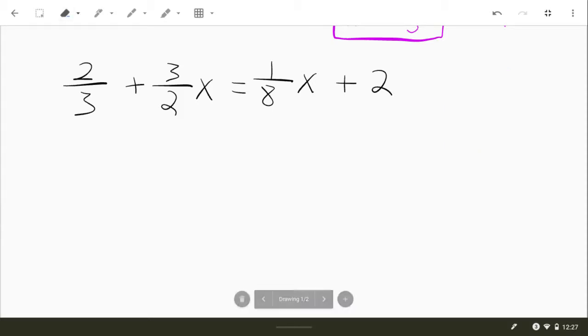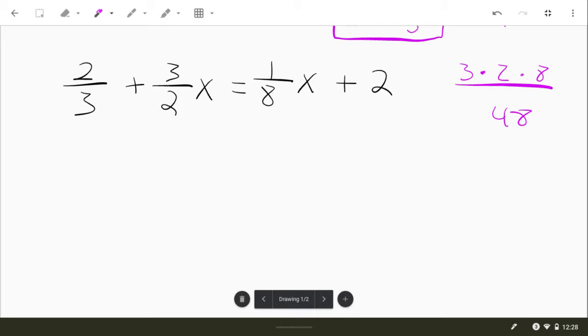What I do is I can just multiply all 3 of these numbers. So 3 times 2 times 8. Boy, there's a way around this. I guess I'll show it to you. This would give you 48, right? And 48 is a multiple of 3, 2, and 8.